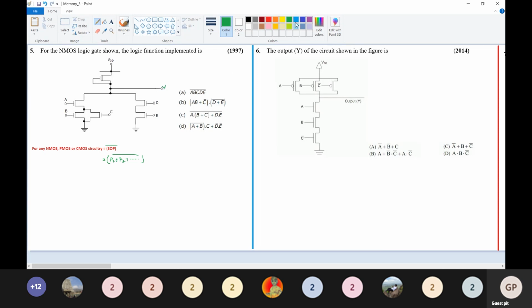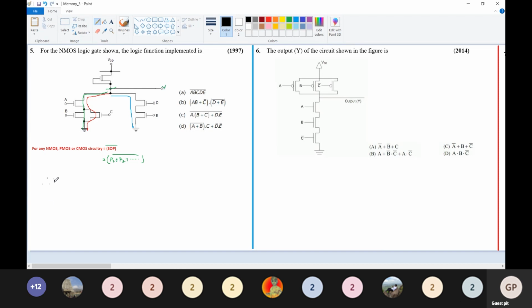Now we'll see how many parallel paths there are between the output terminal and the ground. This is your output terminal, and this is the ground. We have one parallel path, two parallel paths, and a third, so three parallel paths.